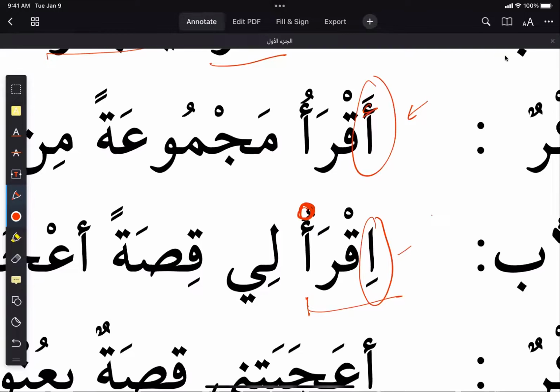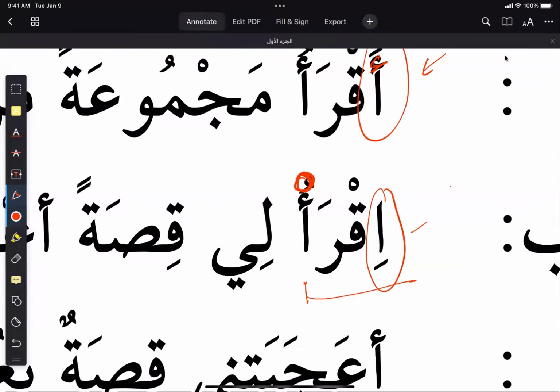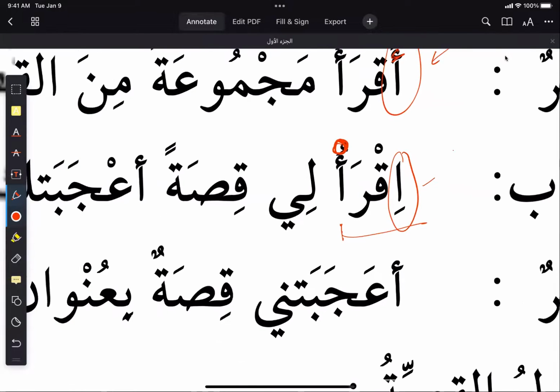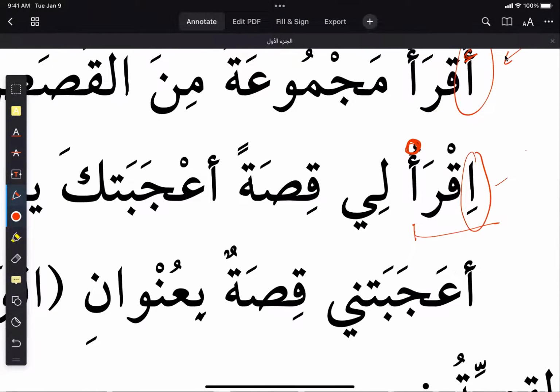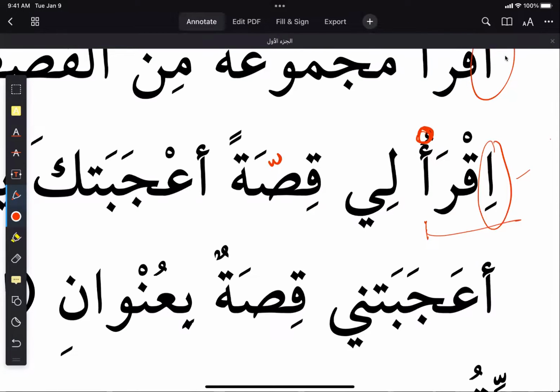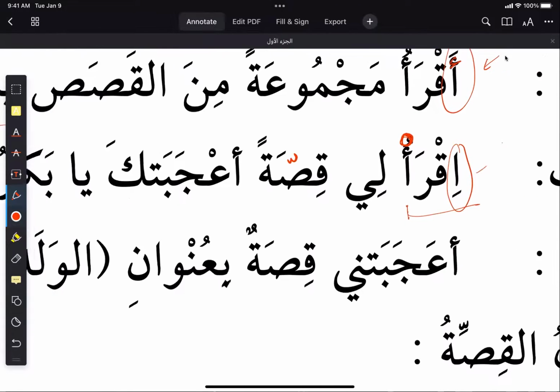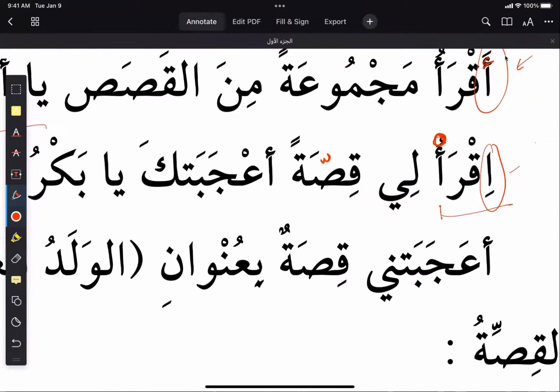The way you know the strong hamza is when you see the hamza on the alif, whether it's on top or at the bottom. And when you don't see it, this is your weak hamza. And the weak hamza comes in the command verb. Okay, so iqra, read. Iqra li, read for me. This is a mistake. It should be qissatan. Okay, iqra li qissatan, read for me a story. Okay, so this is singular, indefinite. So read for me a story.